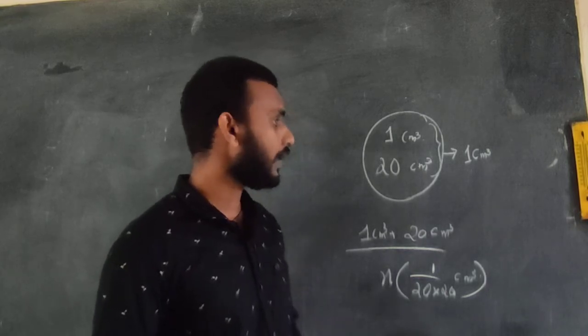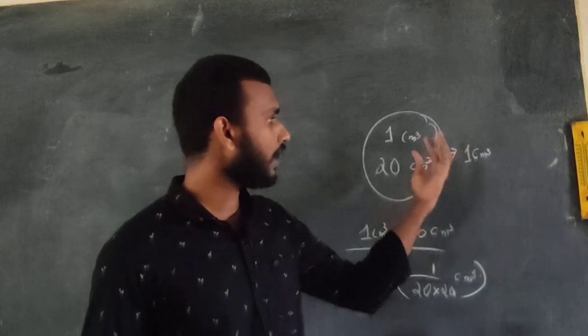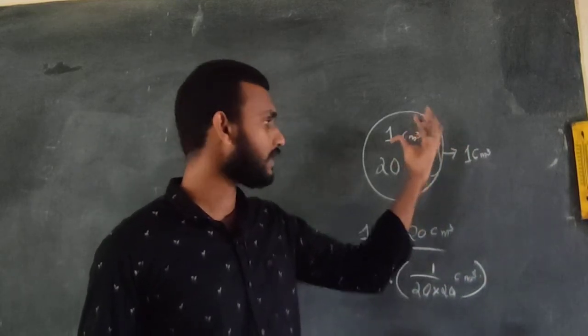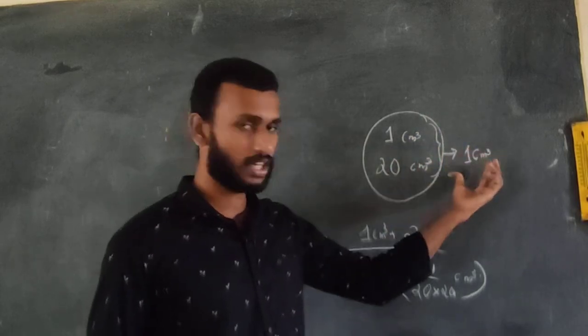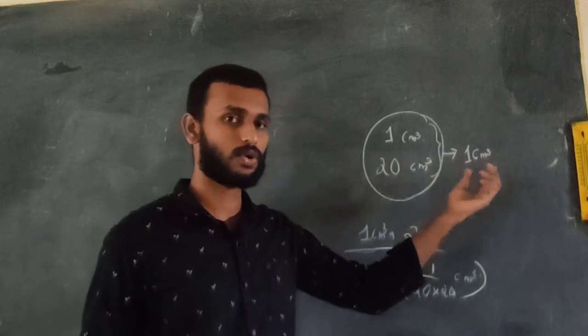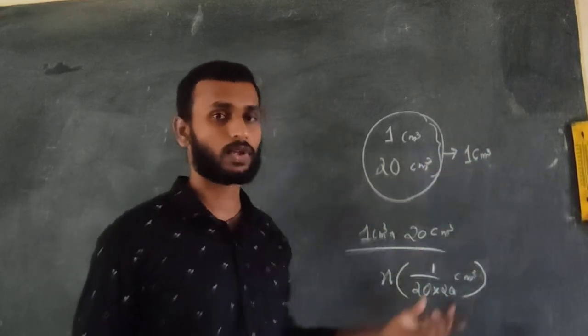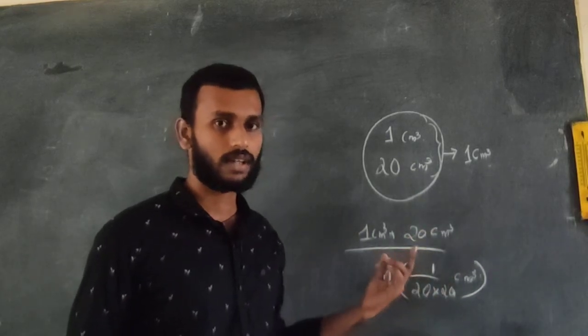So, we take from the last solution. Firstly we mixed 1 centimeter cube of oleic acid in 20 centimeter cube of water, and from that we take 1 centimeter cube of the solution. Again we mix that 1 centimeter cube of solution into 20 centimeter cube of water. This centimeter cube is measuring the volume.